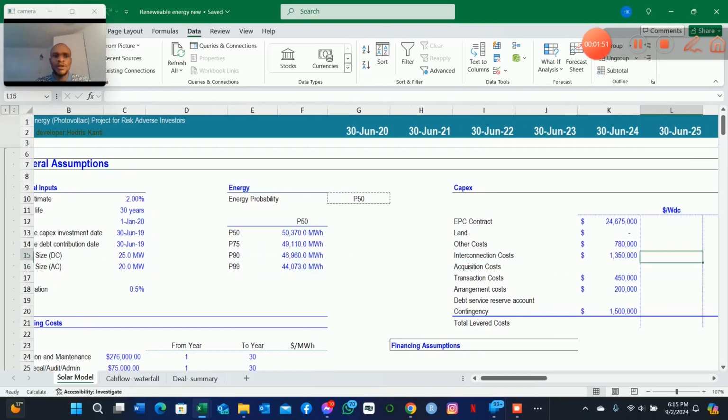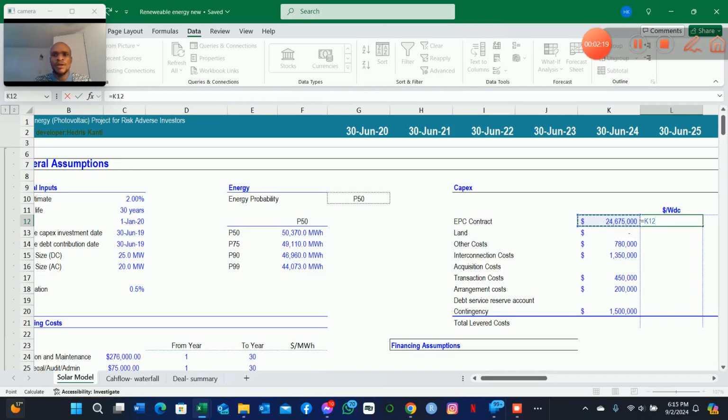So now we want to determine the cost. So we know that 1,000 watt is equal to 1 kilowatt, and 1,000 kilowatt is equal to 1 megawatt. So in this case, converting the megawatt to watt, we have to multiply that by 1,000,000.